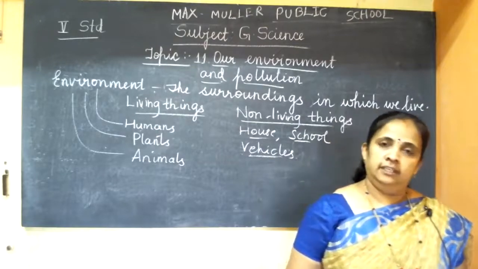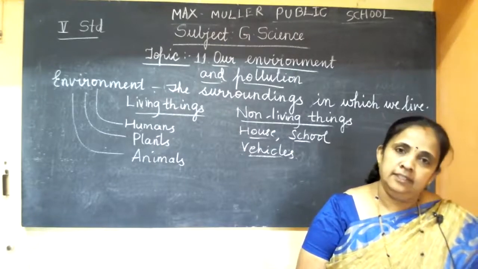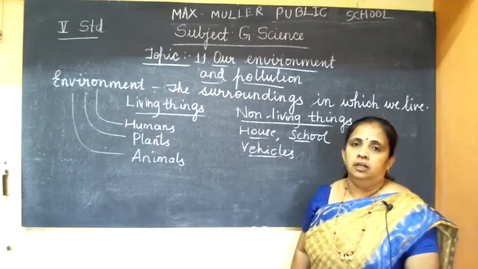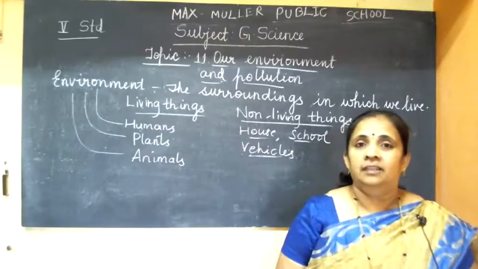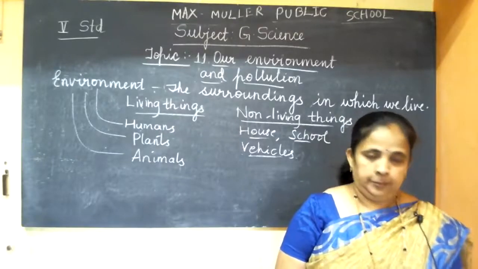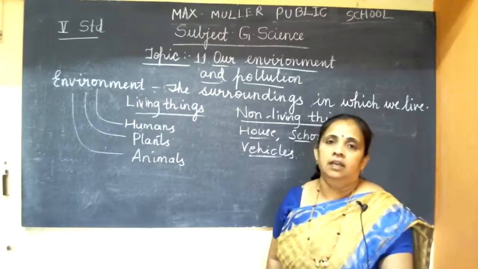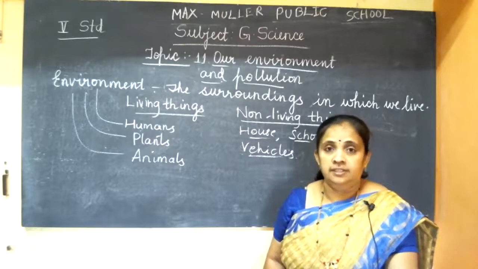So all of a sudden, if there is a change in the weather, some people who are very sensitive will be affected by cold. Or suppose you travel a long distance. Some people will get irritated by that. They can't travel longer distances. So by that they can get headache or a vomiting sensation.